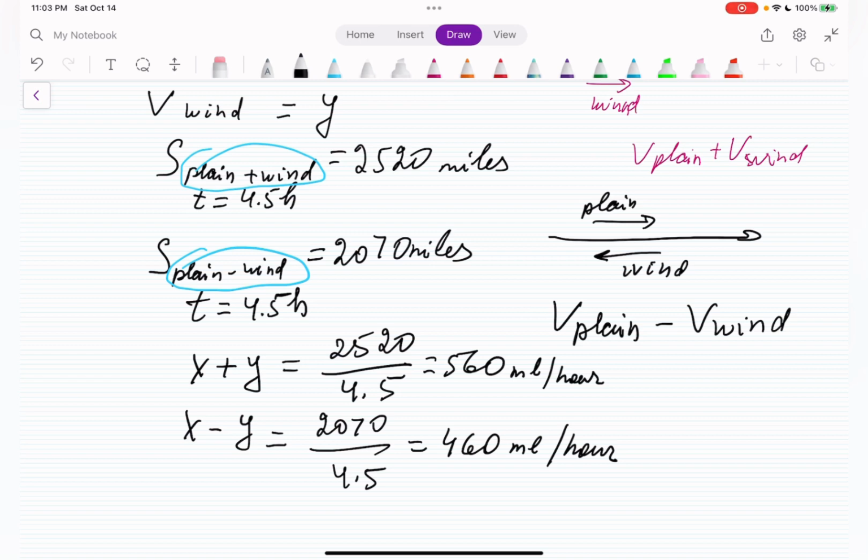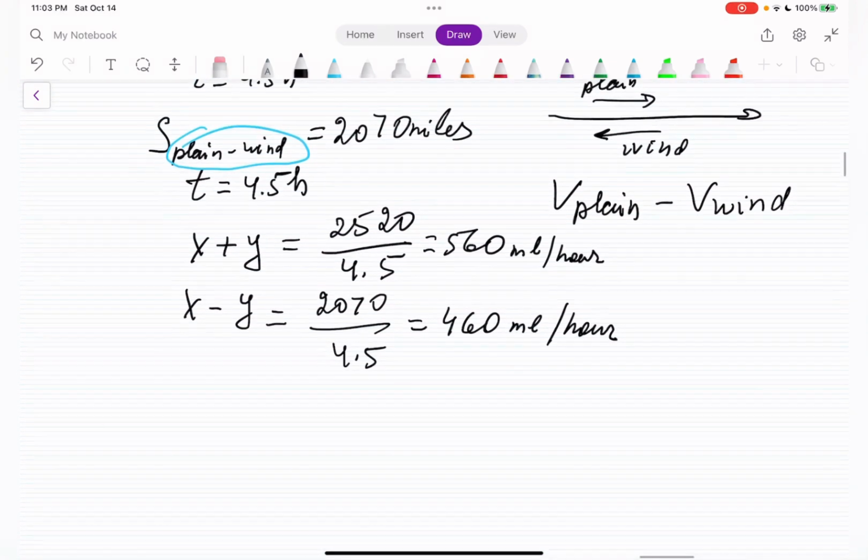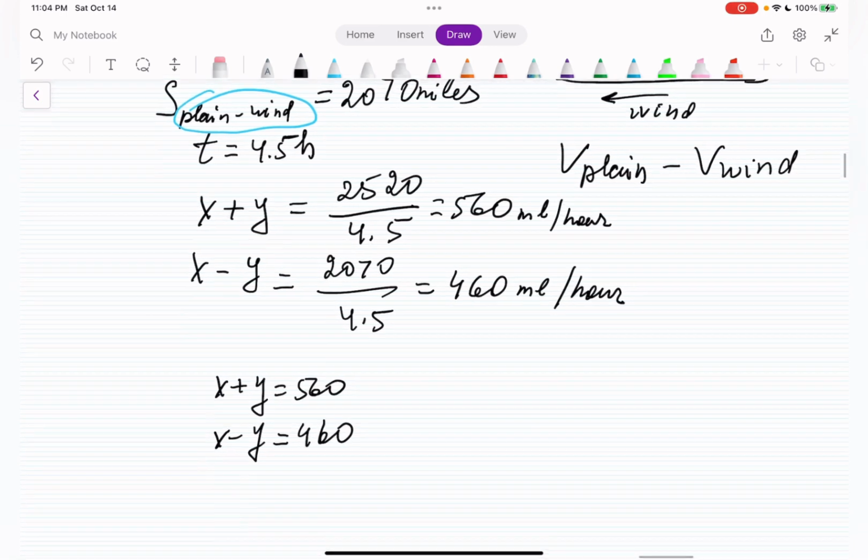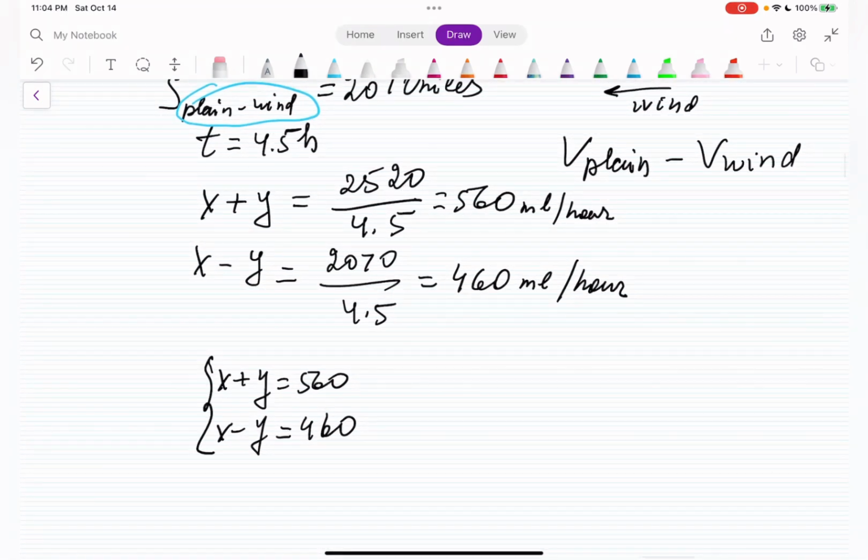And as a result, I'm getting a system of equations where x plus y is equal to 560, x minus y is equal to 460. So this is how I'm going to solve. I have plus y, minus y, so I'm going to add.